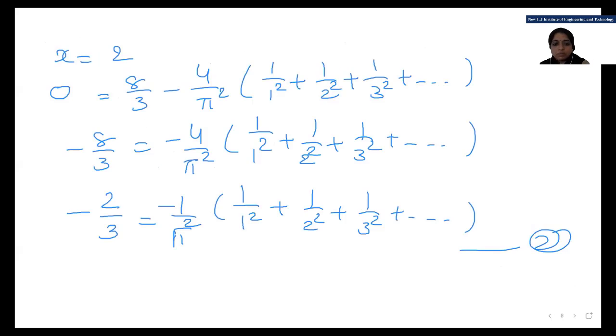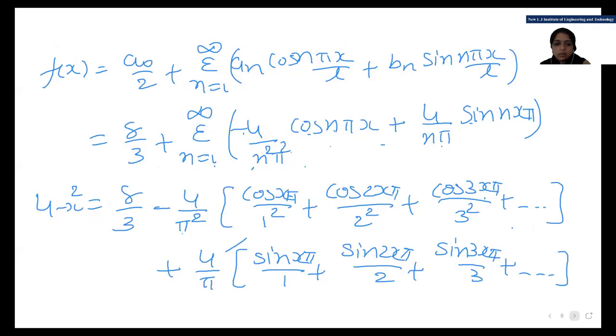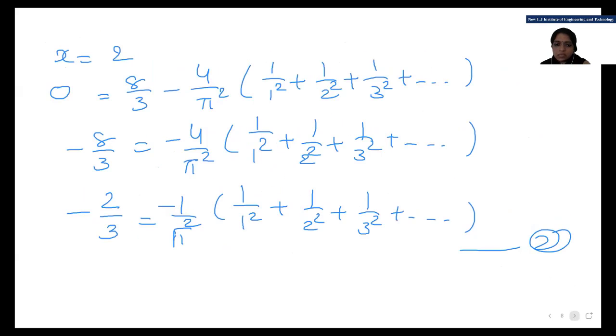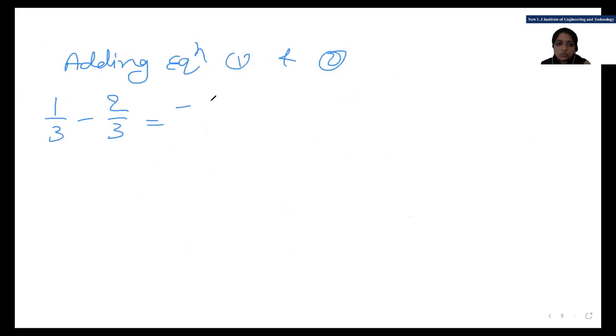See, here minus 1 by pi square and the bracket, and minus 1 by pi square, both the brackets are the same. So here minus 2 by pi square, right? And the bracket is 1 upon 1 square plus 1 upon 2 square plus 1 upon 3 square plus up to so on.